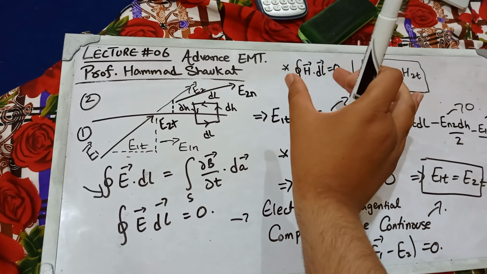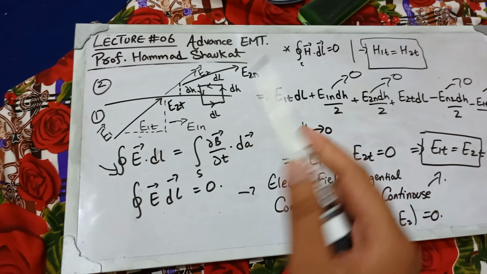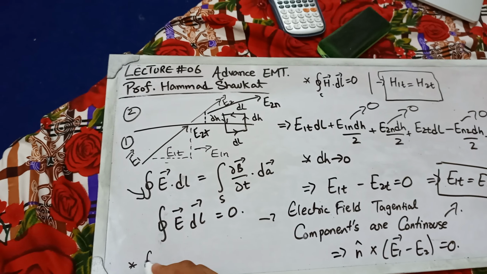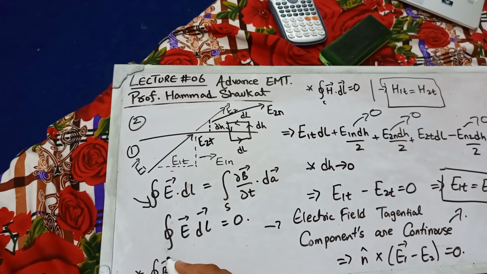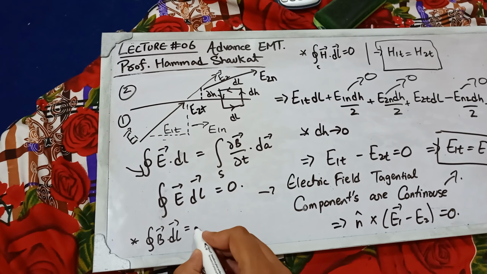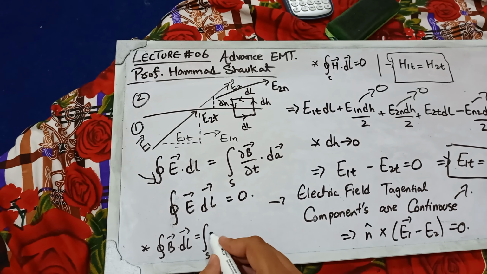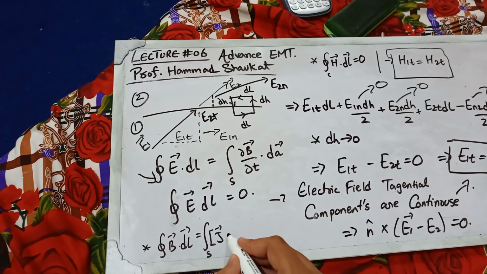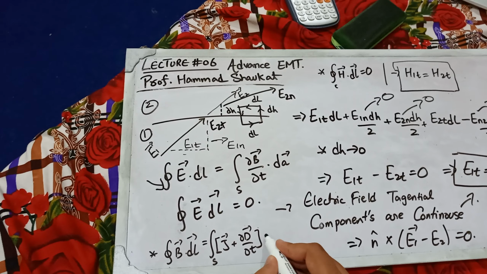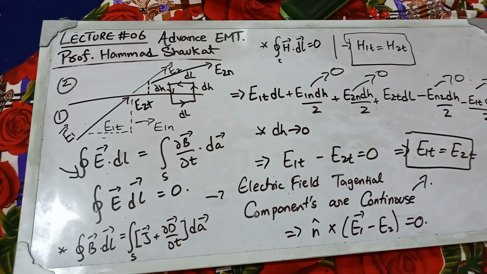In magnetic field we have to use this, but the original equation, which you don't have to use in this case, is the closed integral of B dot dl, which equals the surface integral of J plus partial D by partial t, dA. This is basically the original equation of this.